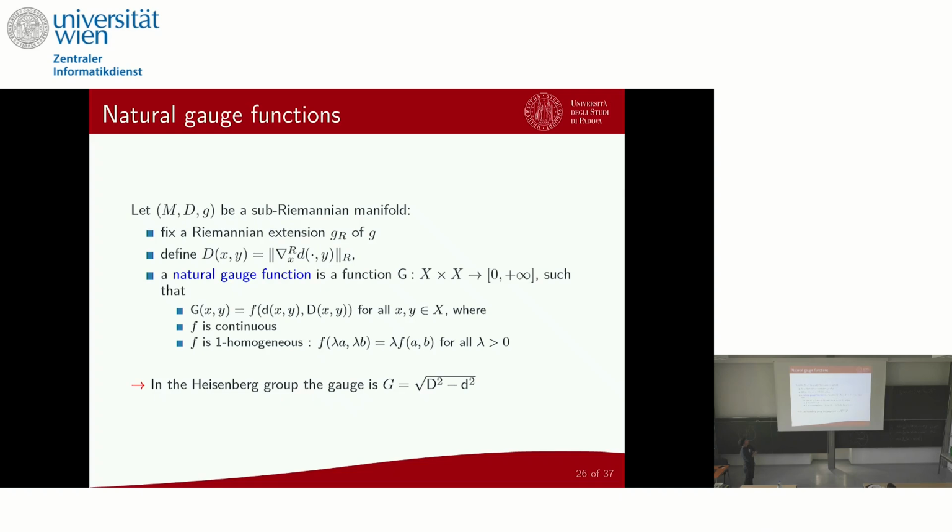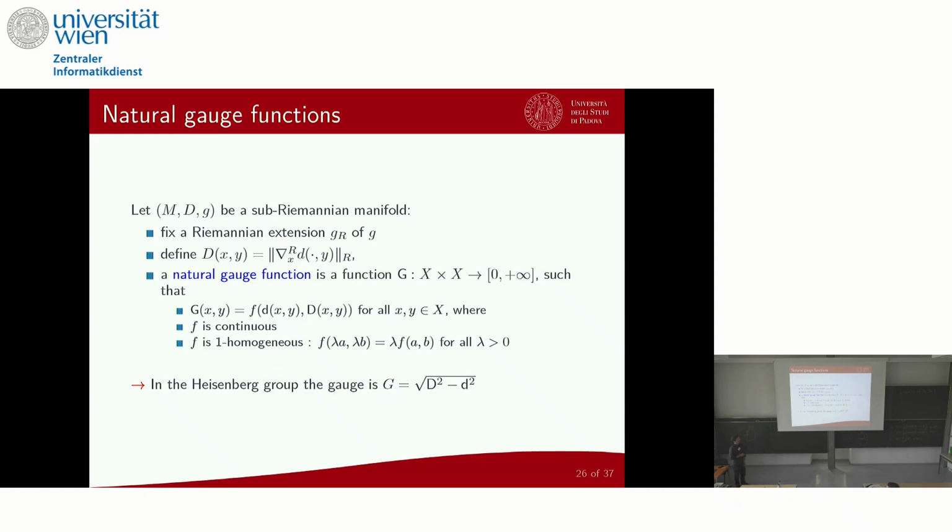If you take a sub-Riemannian manifold and you think to have a Riemannian extension of your metric, then you can call capital D the, probably my notation is not very good because this D should be equal to this. I'm sorry. What is this? It is the Riemannian gradient of the distance.